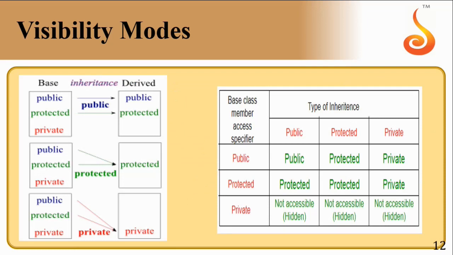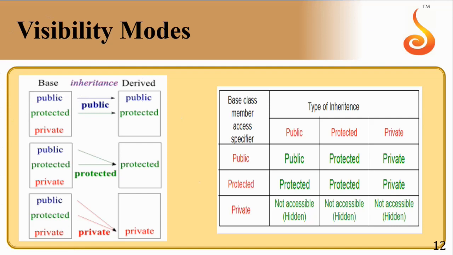That is the base class. When the visibility mode is public, whatever you have declared under the public section of the base class becomes public data under the public section of the derived class.